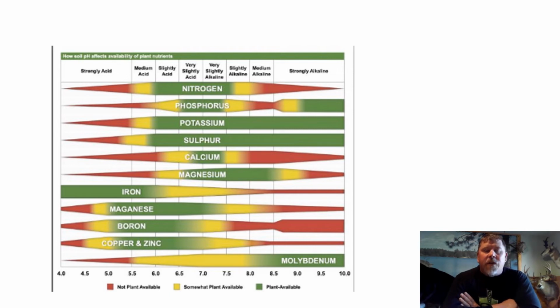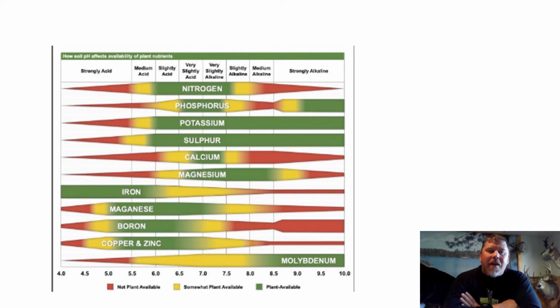So if we can start looking at pH charts as, okay, this is our cheat sheet because we have poor soil, we can get a better understanding of why we do what we do and how we're actually taking bad salts in instances to correct soils that are already high in salts.